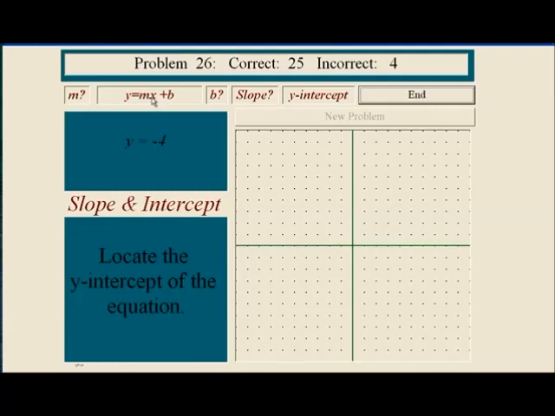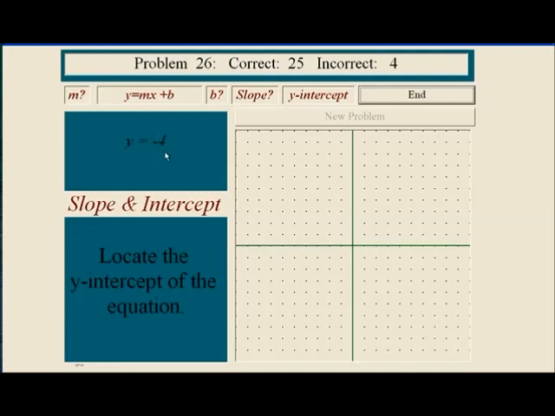What would you multiply the x by so that it would disappear? 0. So this negative 4 is actually the y-intercept, and the slope of this line is 0.